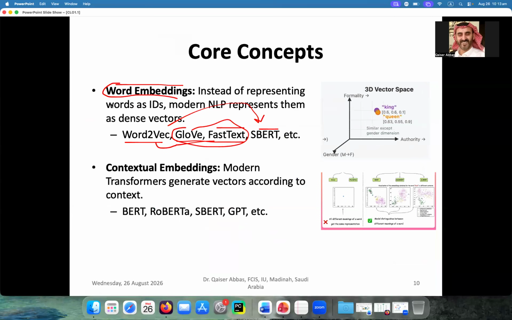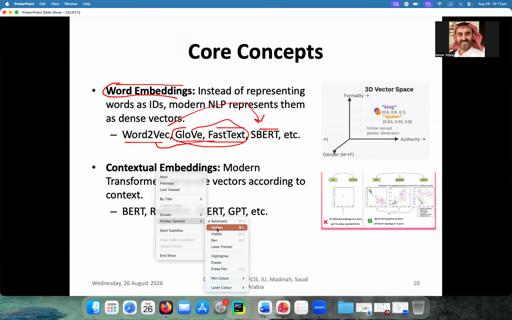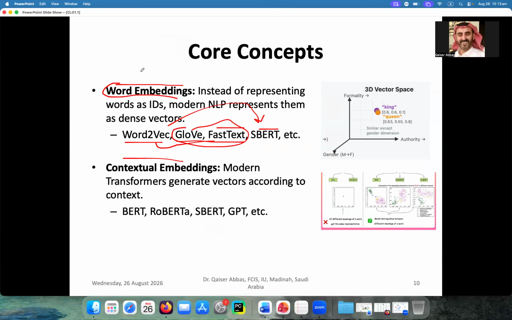So the word embeddings that you will have for the words in a sentence, those vectors will have meaning. Now, contextual embedding. Contextual embedding is the same as this one, but it has more focus on relationship, on dependency with each other. In a sentence you can have multiple words. How is each word dependent on the other? How does each word in a sentence have a dependence relation with the others?